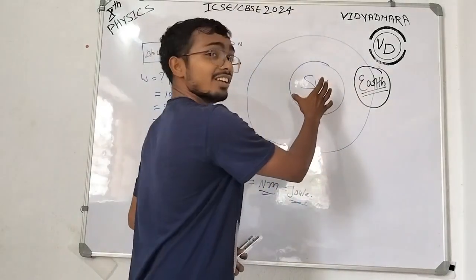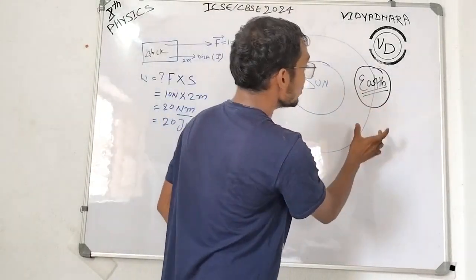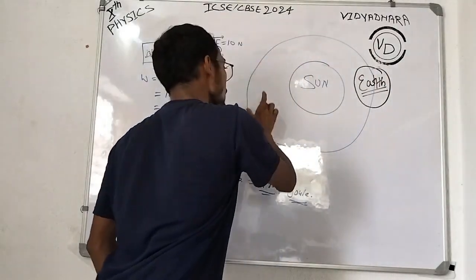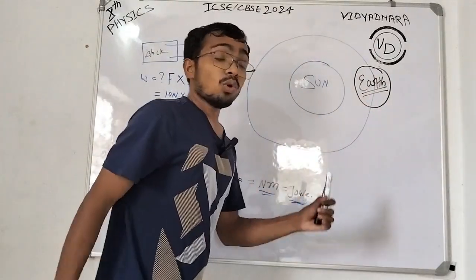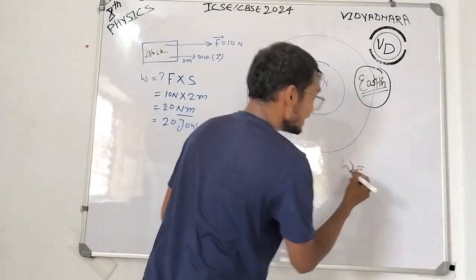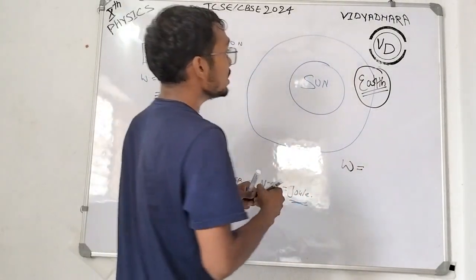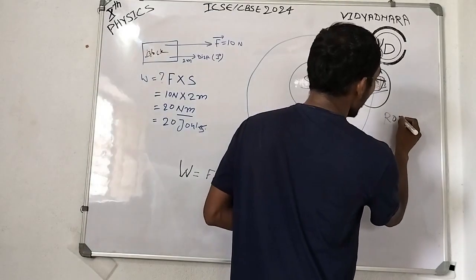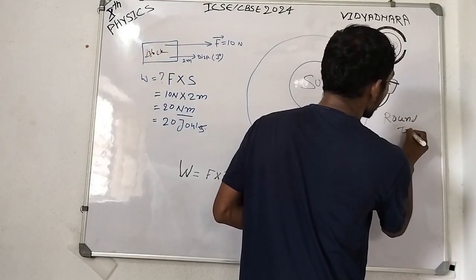The earth is revolving around the sun. What is the work done in the whole round trip?